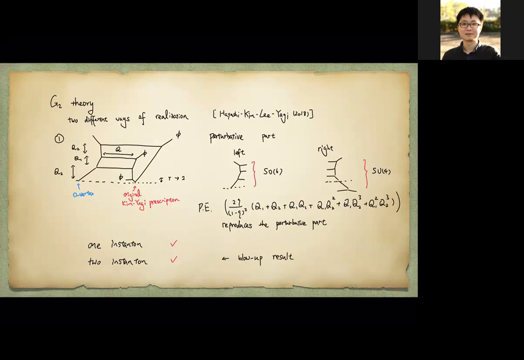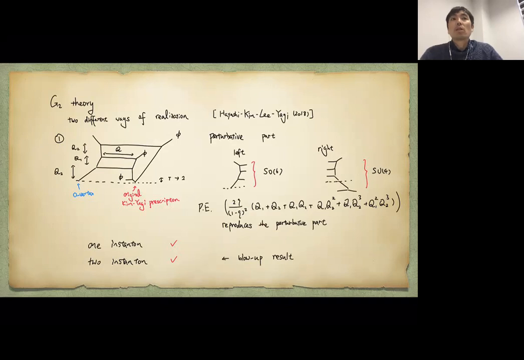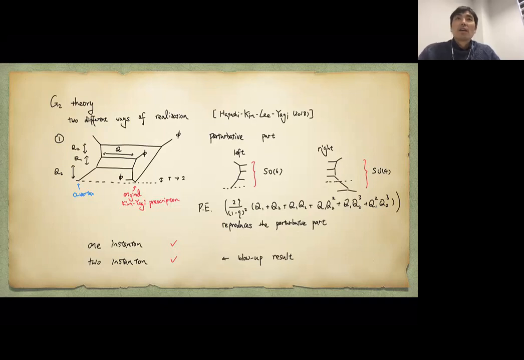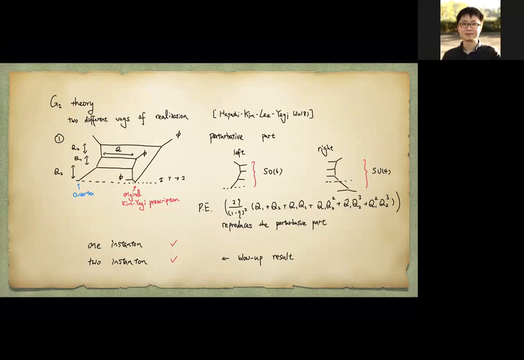So the blow-up equation for SO type is already known. I think so, in the 5D case. How about SP? It's also known, right? I think it's in the same paper. I don't quite remember.